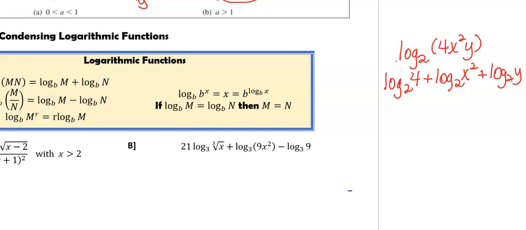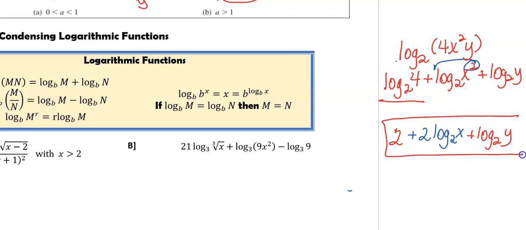Before I commit to the answer, I notice that log base 2 of 4 can be simplified to 2 because 2 squared is 4. Also, we learn that powers come to the front. So that becomes 2 log base 2 of x plus log base 2 of y.